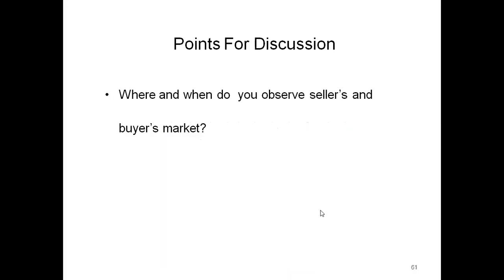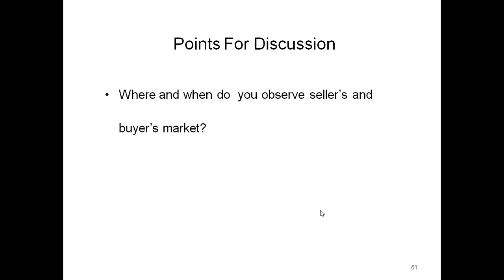Now we'll slowly see what the differences are between sellers and buyers market. See, in seller's market, the seller is a boss. In buyer's market, the buyer is a boss. Buyers are large and sellers are limited.